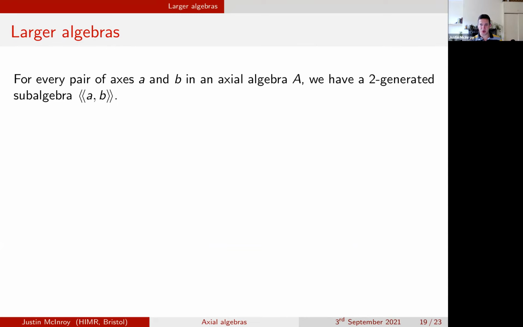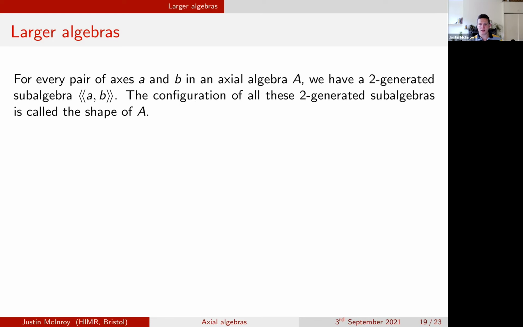Let's suppose we've got some axial algebra. Then clearly a pair of axes generates a two-generated subalgebra. And very roughly speaking, we call the configuration of all these two-generated subalgebras the shape of A.